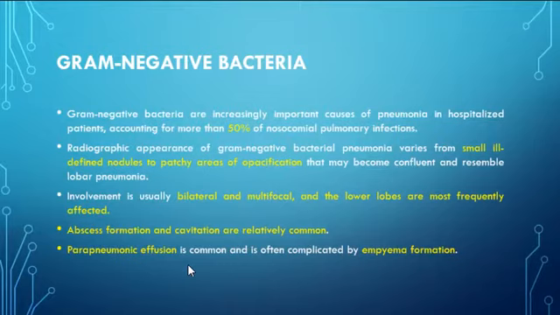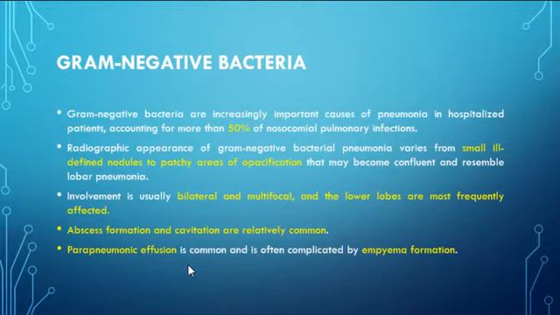Gram-positive is over. We have gram-negative bacteria. Gram-negative bacteria are increasingly important causes of pneumonia in hospitalized patients, accounting for more than 50% of nosocomial pulmonary infection. The radiographic appearance of gram-negative bacterial pneumonia varies from small, ill-defined nodules to patchy areas of opacification.